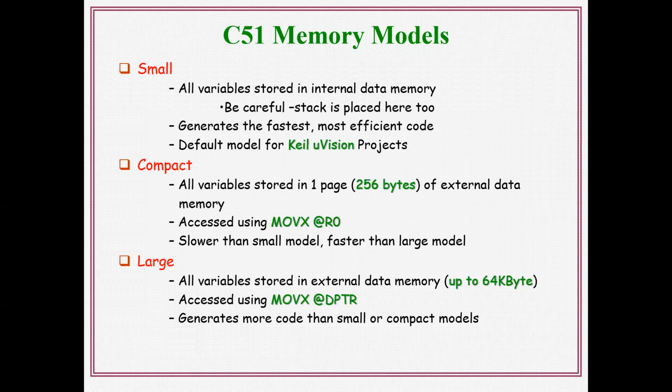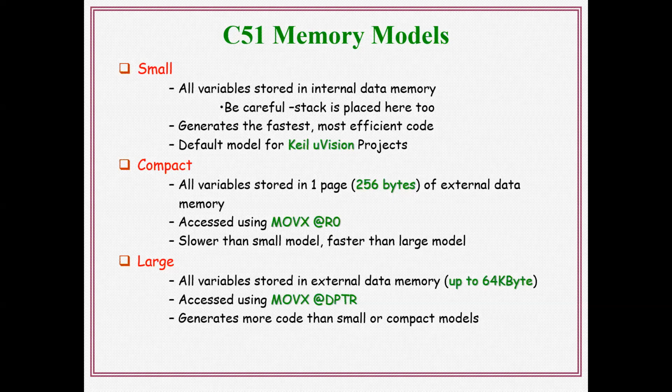C51 memory models. C51 supports 3 memory models, that is small, compact, large. If you select small, all variables are stored in internal data memory only. Be careful, the stack is placed here too, so you must initialize the stack pointer before using those particular memory locations.